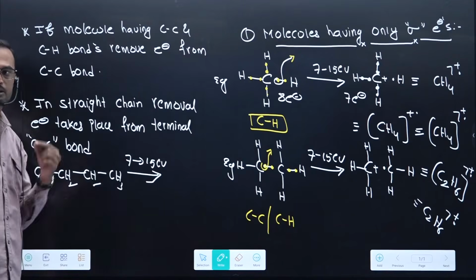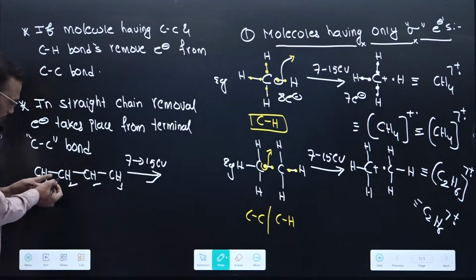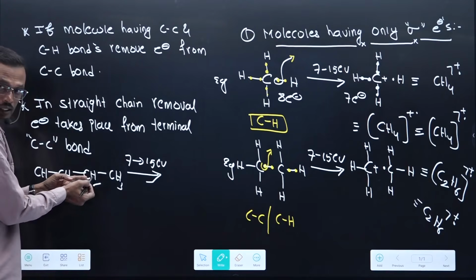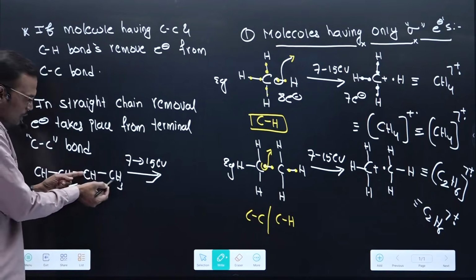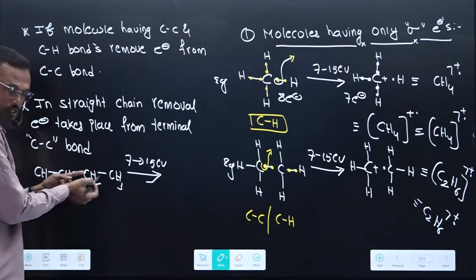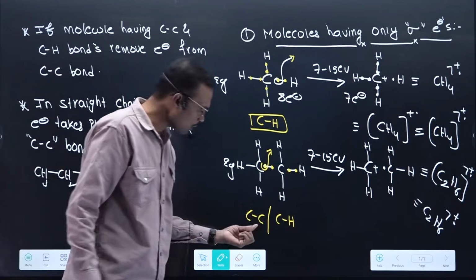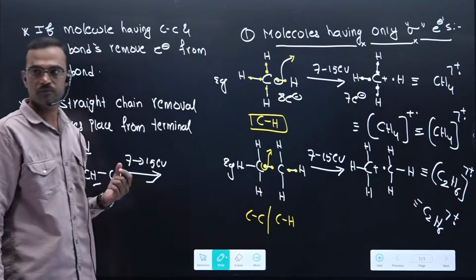But all carbon-carbon bonds are not the same. This carbon-carbon is CH2-CH2, but what about this? CH3-CH2 sigma is not the same as compared to CH2-CH2. Now between carbon-carbon bonds we are getting some difference.